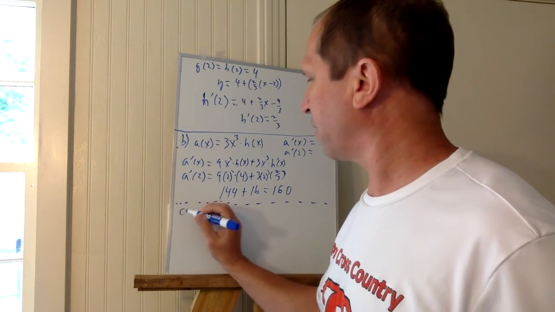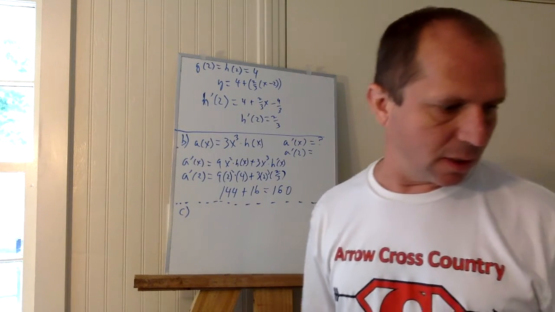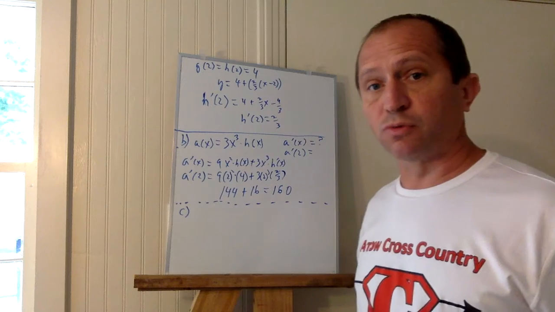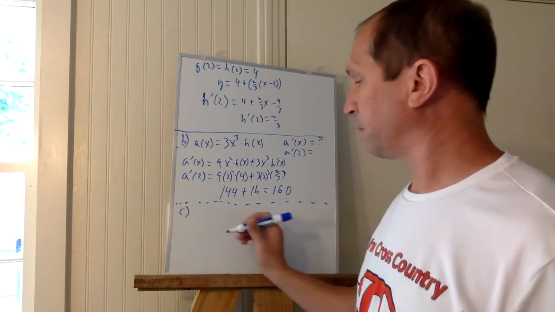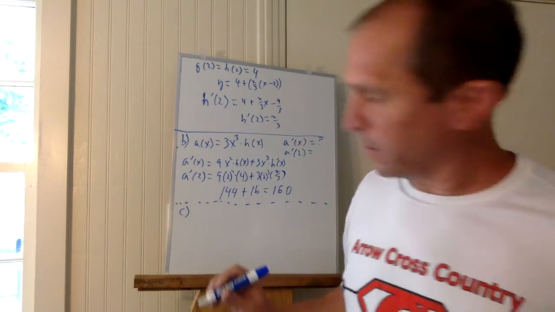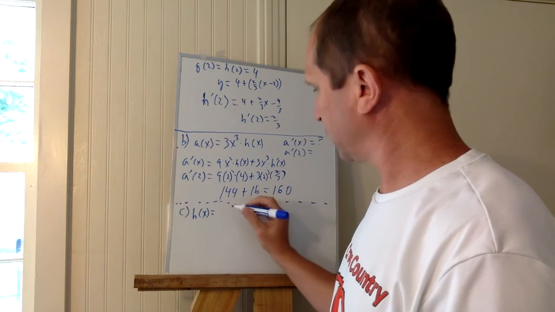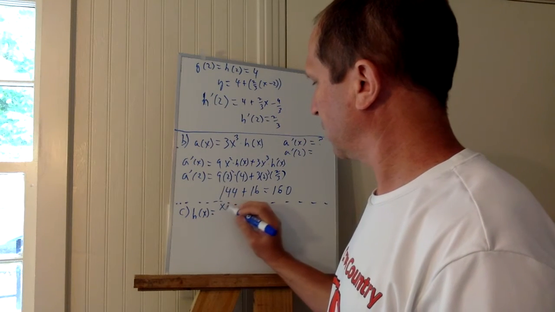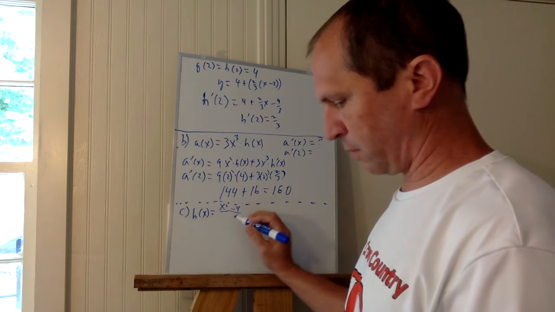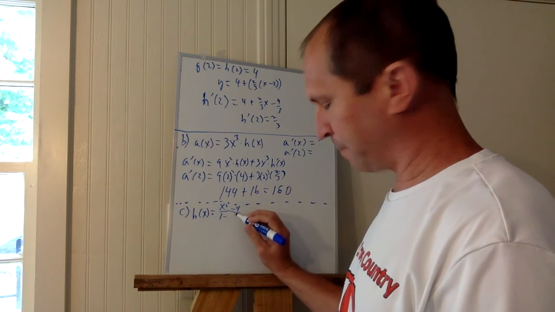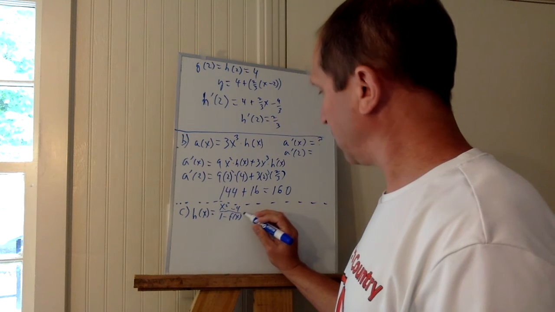C has a lot involved here. C, first off, refers to L'Hopital's rule. Now, if L'Hopital's rule is going to work here, we need to write it down first. h of x equals x squared minus 4 over 1 minus f of x cubed.